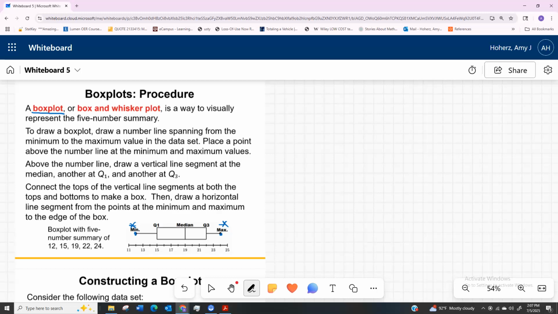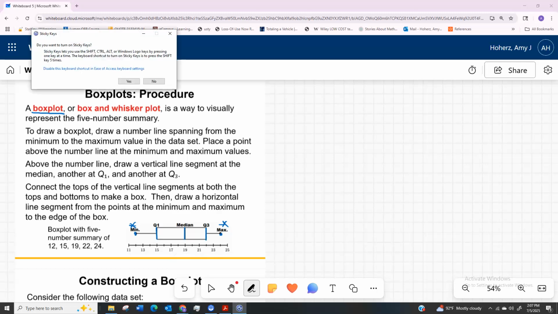Above the number line, you're going to draw a vertical line segment at the median, at the Q1, and at the Q3. So you make those 3 vertical marks.